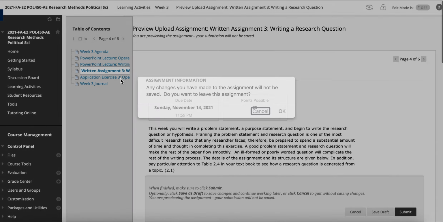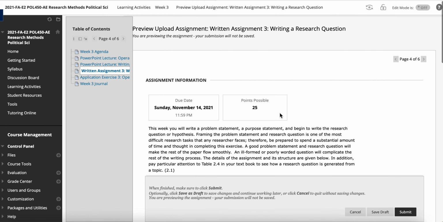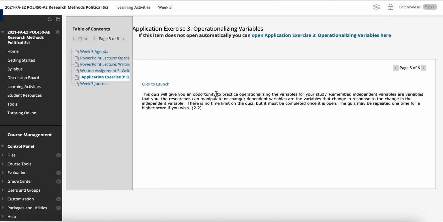The second piece that we have is going to be our application exercise. It's a quiz, and it's going to be, once again, operationalizing variables. We need to understand that when we use a variable, we need to learn to operationalize that when looking at it through a research lens.